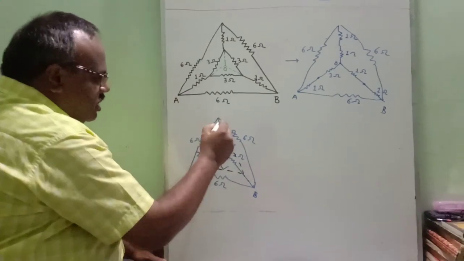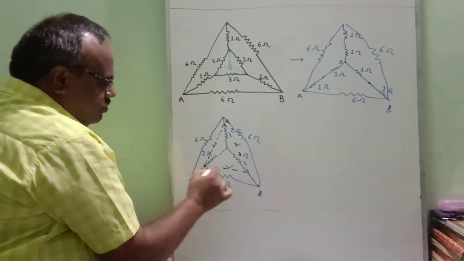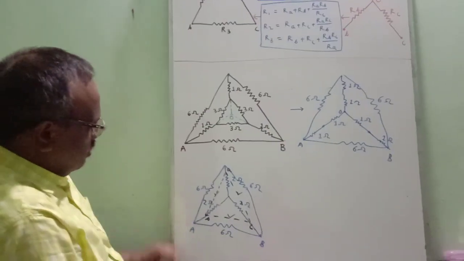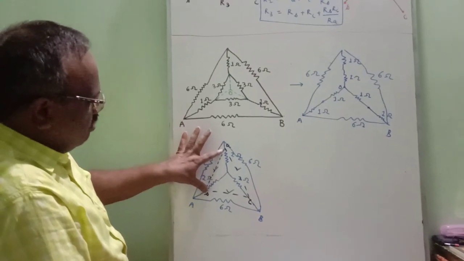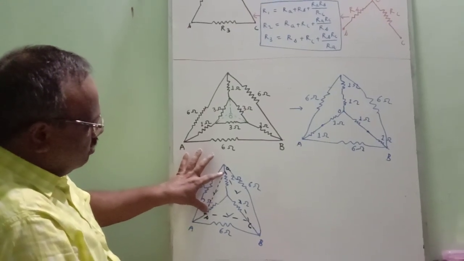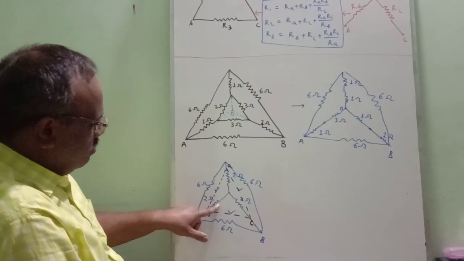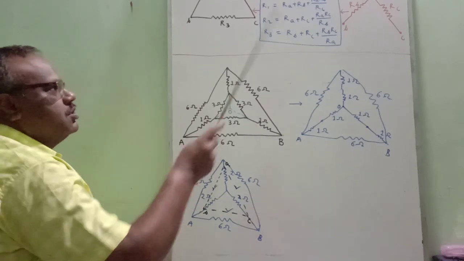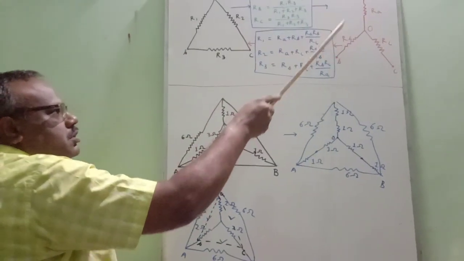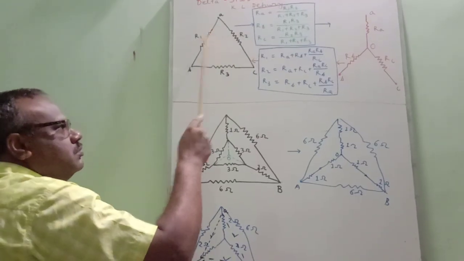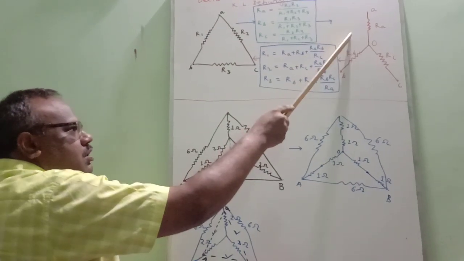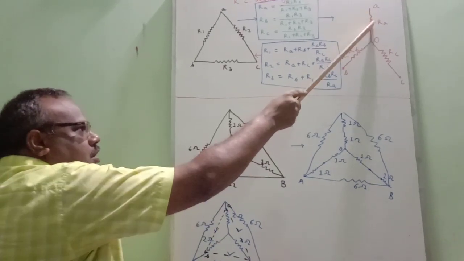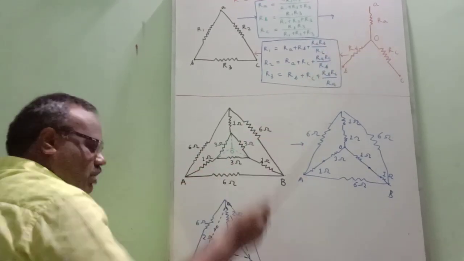Let this be A, this is B, this is C. When you are changing it, you are getting R1, between these two, that is R_AB, equal to the sum of these two plus the product of these two divided by the third one.